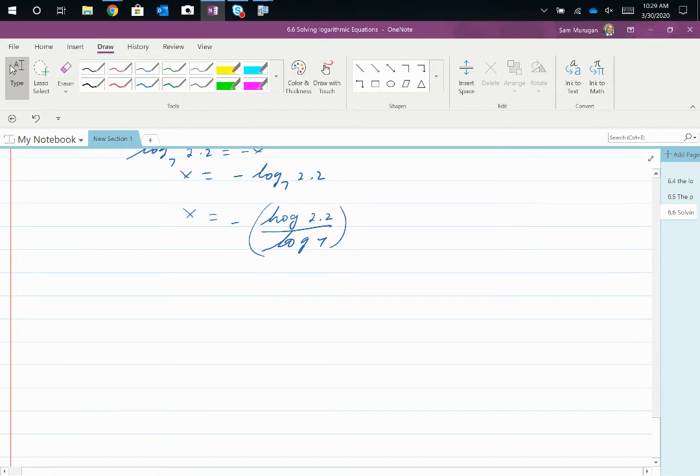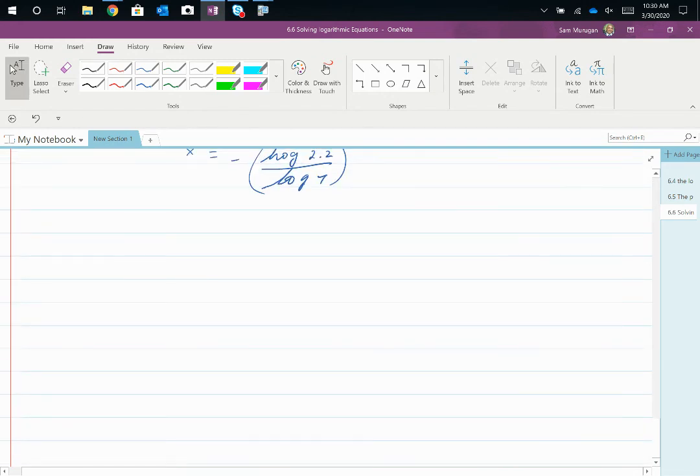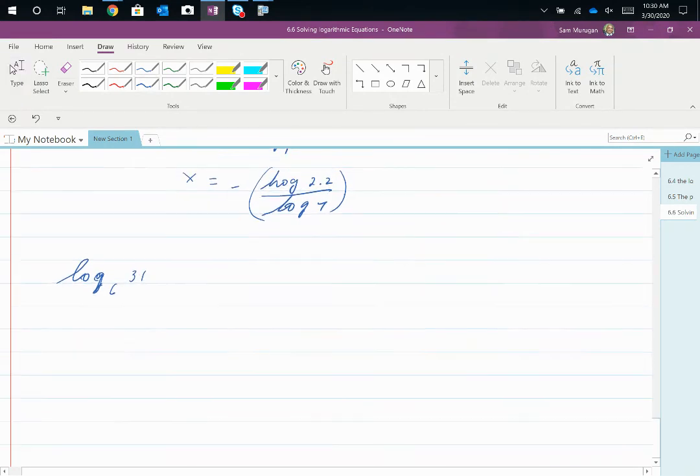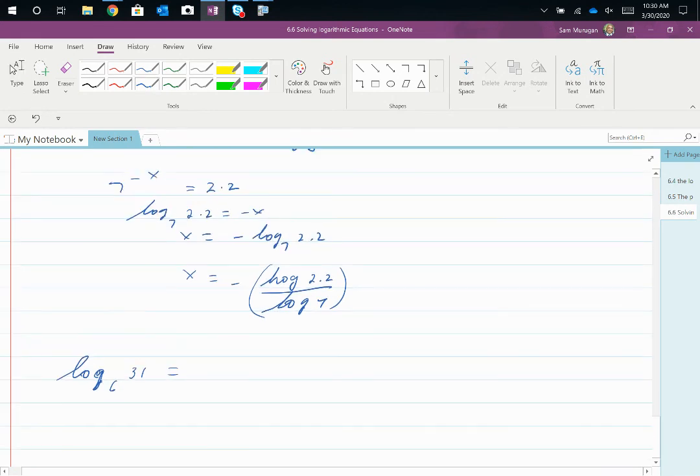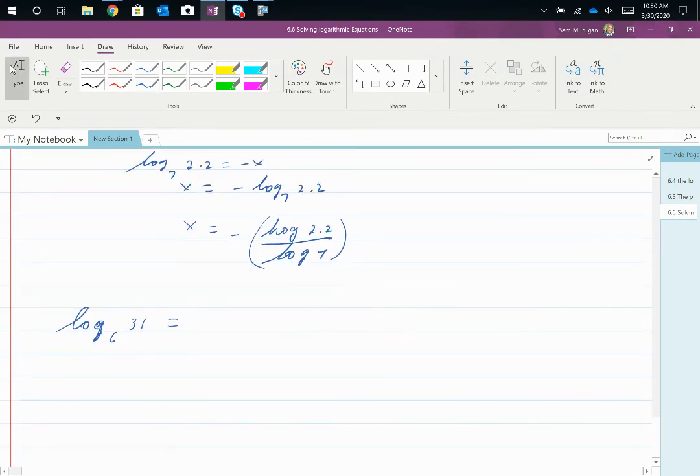I also wanted to demonstrate the change of base formula. So if you're asked to find log base 6 of 31, this rule says this is log 31 divided by log 6.